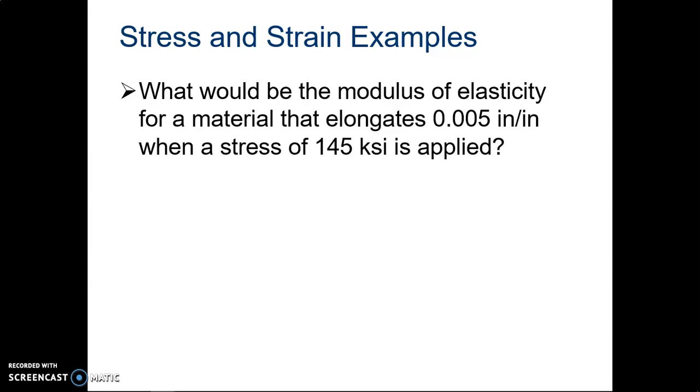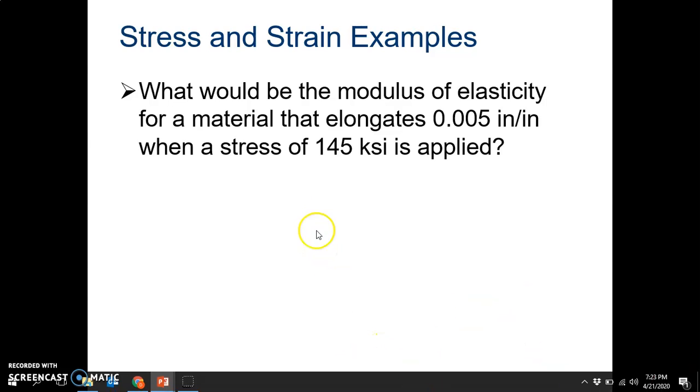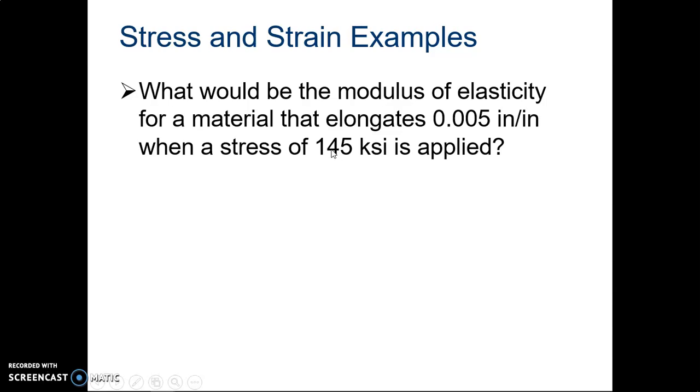What is the modulus of elasticity again? It's the slope of the stress and strain graph. It is stress divided by strain. So right here is the stress, 145 ksi, which is kips per square inch, and strain is elongation, and it is measured in inches per inch, which is kind of unitless, right?